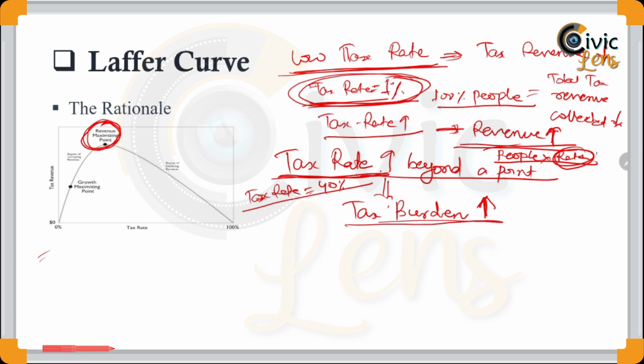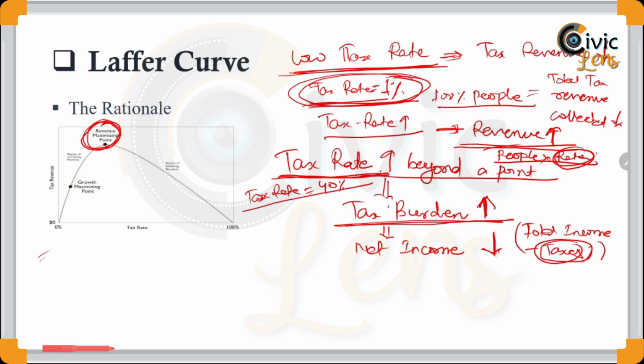So the tax burden has increased to a very high level. This means their net income will actually reduce, because net income is total income, whatever they earn, minus taxes. But the taxes have become very high now, so the net income will be very low.